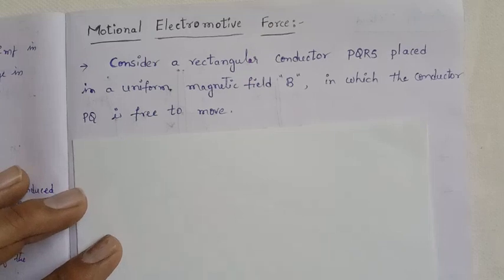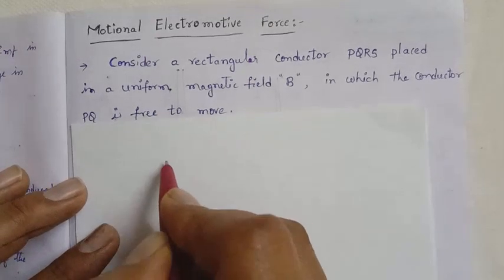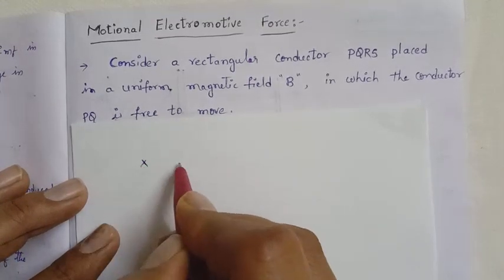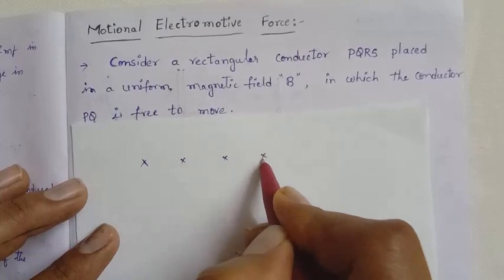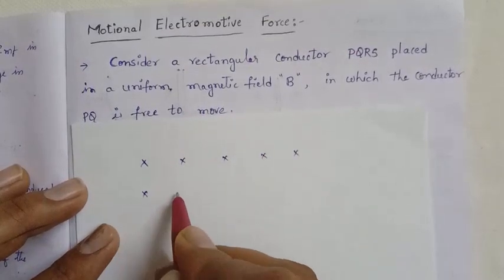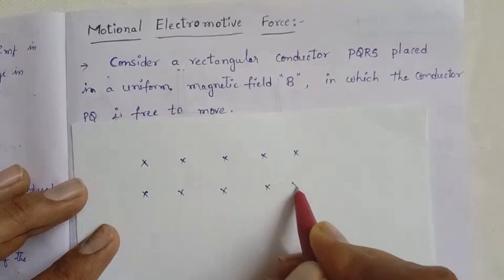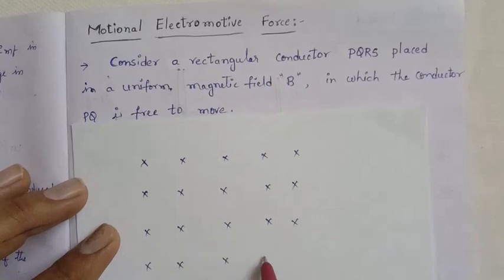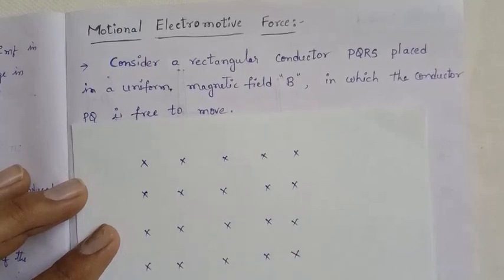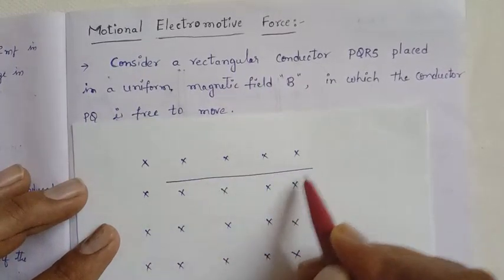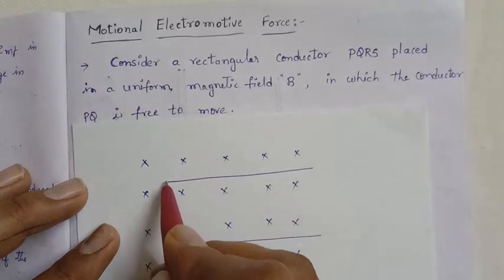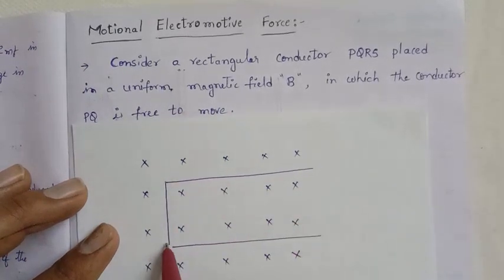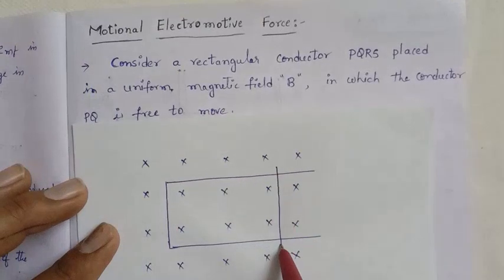That means, simply, first of all, you have to consider a magnetic field. It is into the paper. So I am considering a rectangular loop, in which there is a rod.